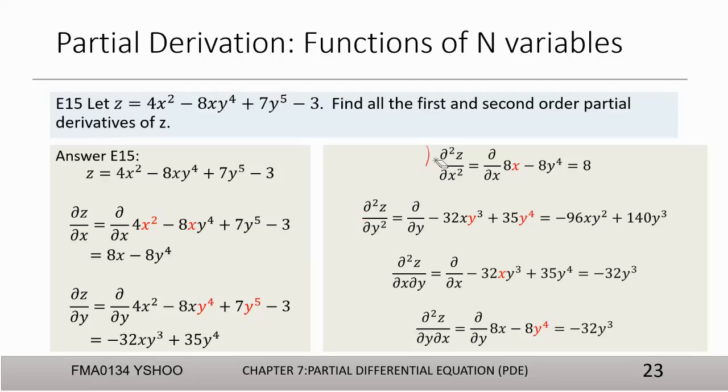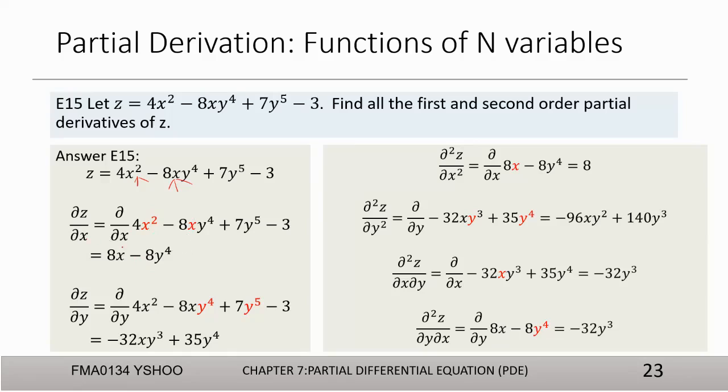So let us look at it. The question here is z. If you want to differentiate towards x, this is my x, and the rest becomes constant. So when differentiating, you have 8x, and then this x disappears, negative y to the 4.